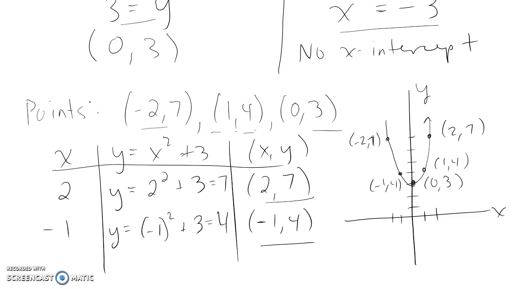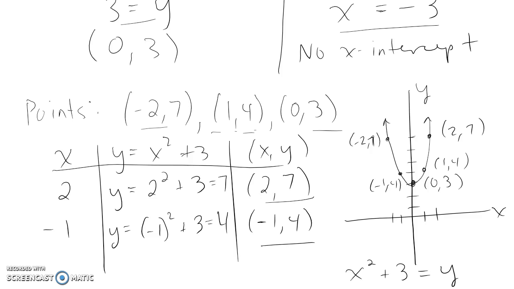Our graph looks like a parabola, and we shouldn't be surprised, being that the equation was x squared plus 3 equals y. Any equation of degree 2 is going to look like a parabola. Okay.